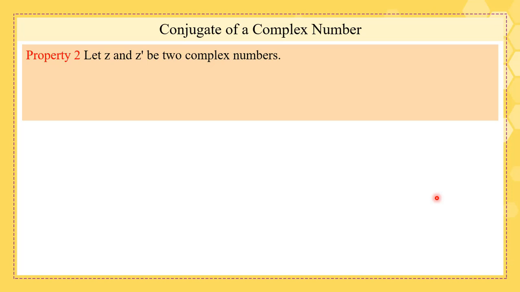Let's continue talking about the properties of the conjugate of a complex number. Now we have two complex numbers, which are z and z prime. Remember, z plus z prime quantity bar is z bar plus z prime bar. So we distribute this bar for the first complex number and for the second complex number. Similarly for subtraction and multiplication.